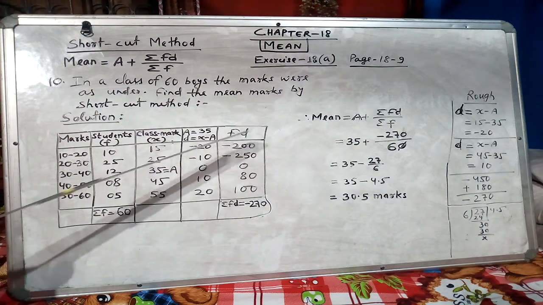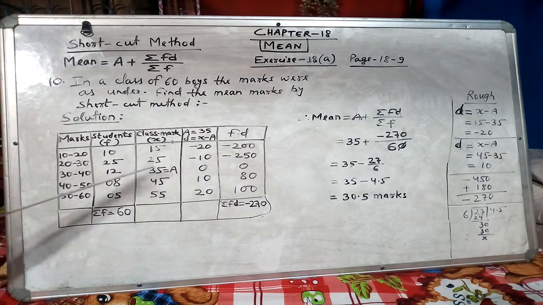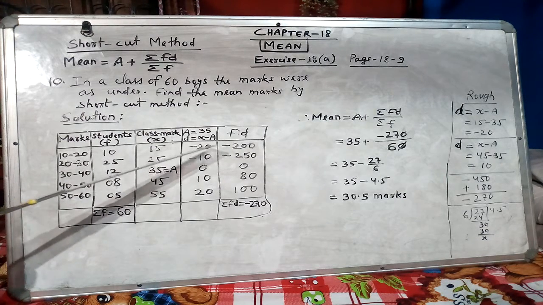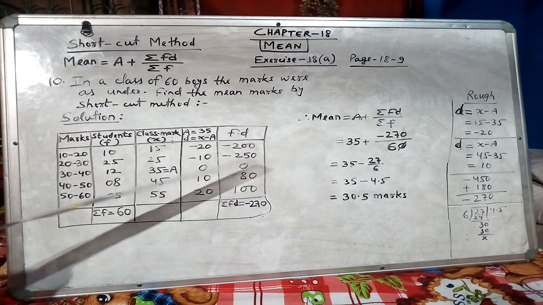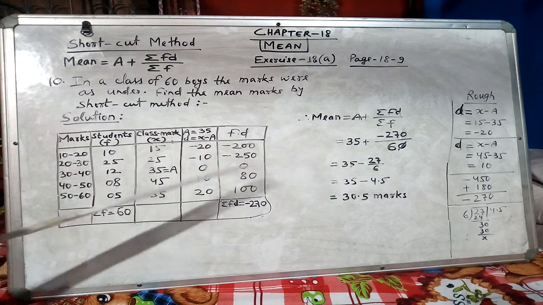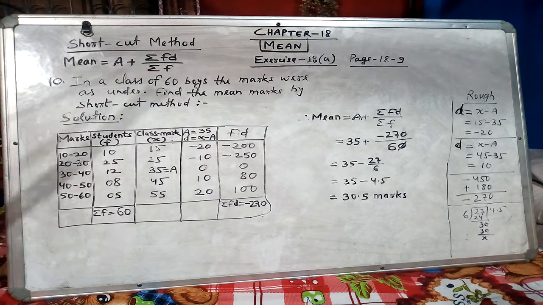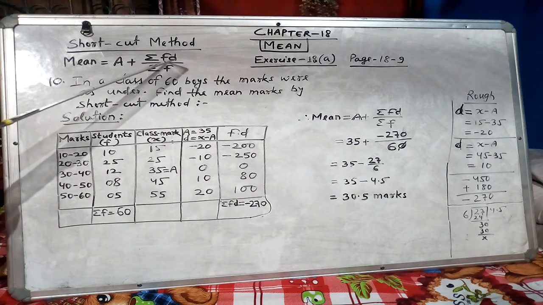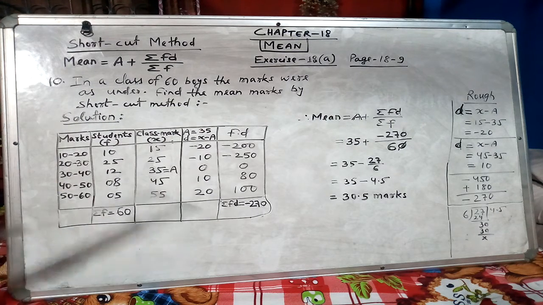Now fd means multiplying the d and f columns. This is the d column, this is the f column. 10 into minus 20 is minus 200, 25 into minus 10 is minus 250, 12 into 0 is 0, 8 into 10 is 80, 5 into 20 is 100. Now, as in the formula, we have to find summation of fd and summation of f. So I have to add the fd column and the f column.